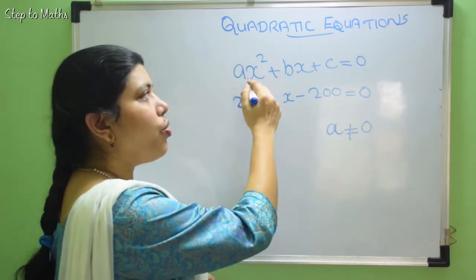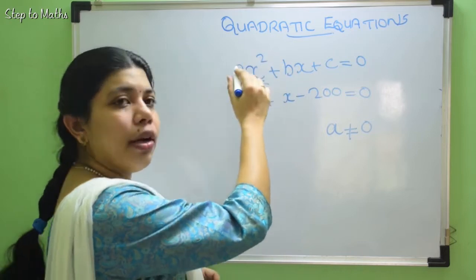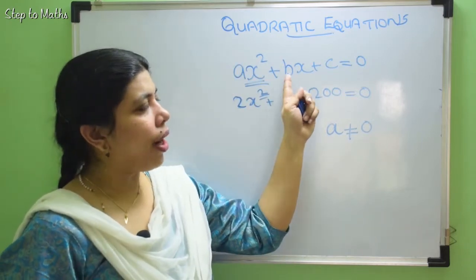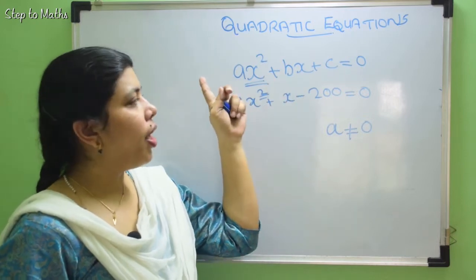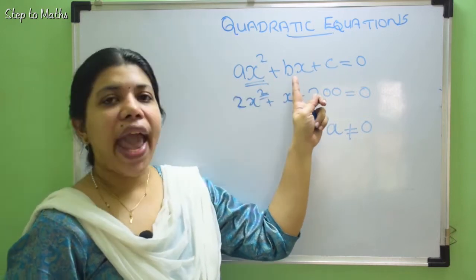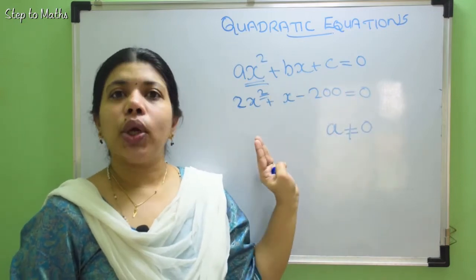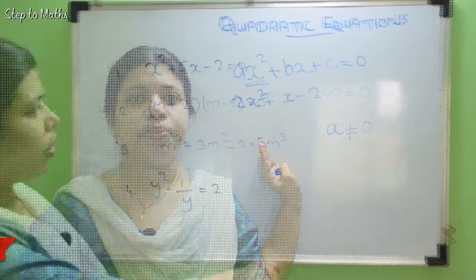If a is equal to 0, then this term becomes 0, and then it does not remain a quadratic equation. ax square plus bx plus c is equal to 0 is the general form of a quadratic equation.